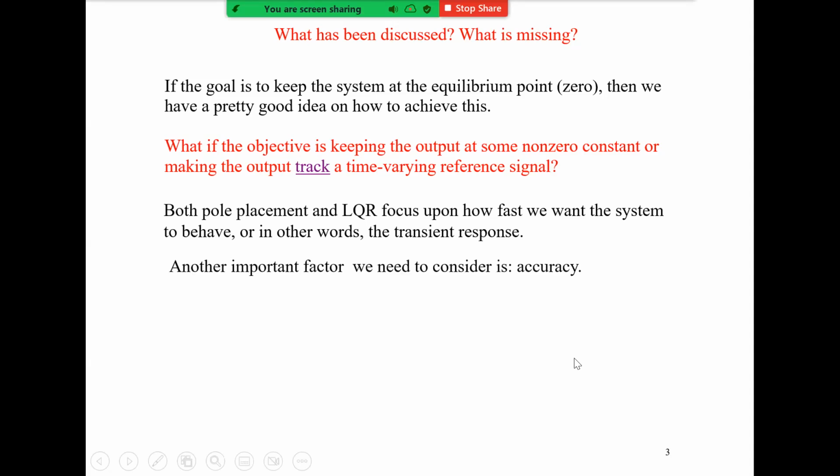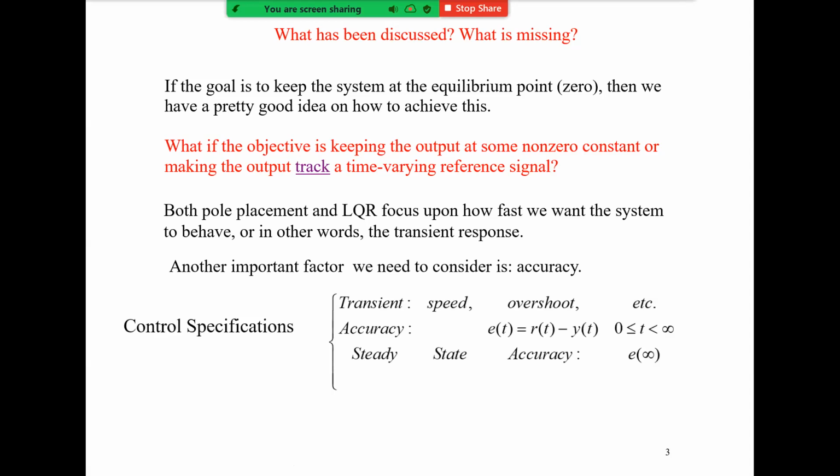Today we are going to focus on the other factor for control systems, which is very important: accuracy. We want to know how accurately the real output follows the desired output. That point we didn't mention in the past 2 weeks. In the past 2 weeks we wanted the output to go to 0, but here we want the output to track a reference output.